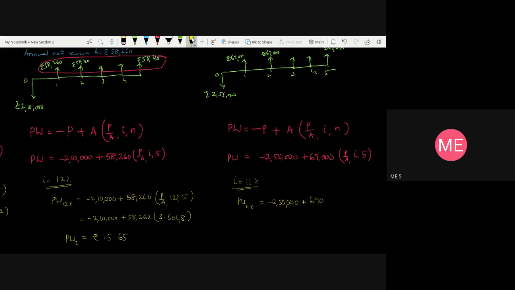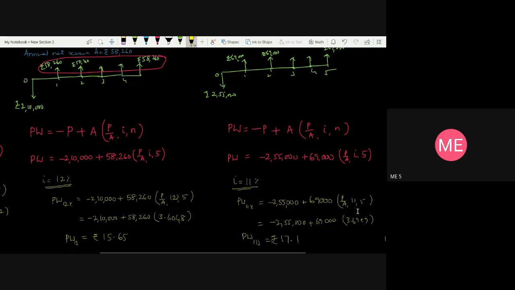So 69,000 into the factor P by A comma 11 comma 5. So minus 2,55,000 plus 69,000 into the factor value. What is the factor value for 11%? From the compound interest table, I get 3.6959. By using this, present worth at 11% is a positive value, rupees 17.1, which is very near to 0.